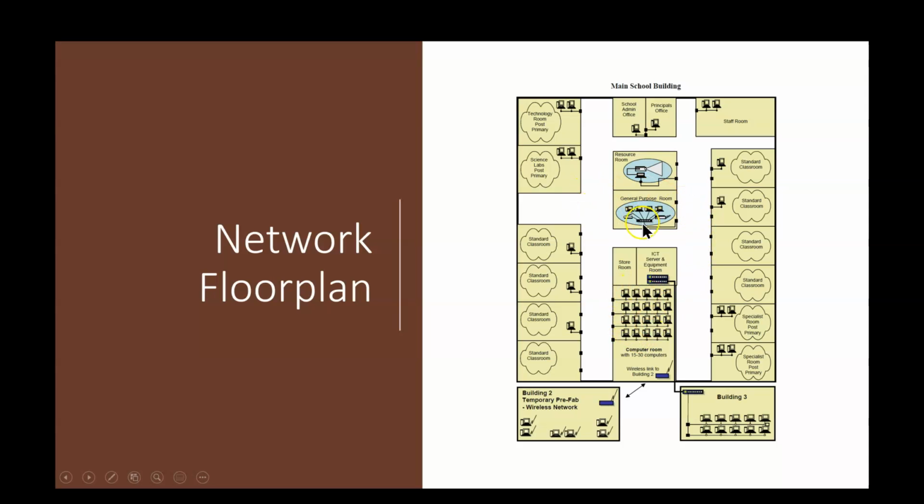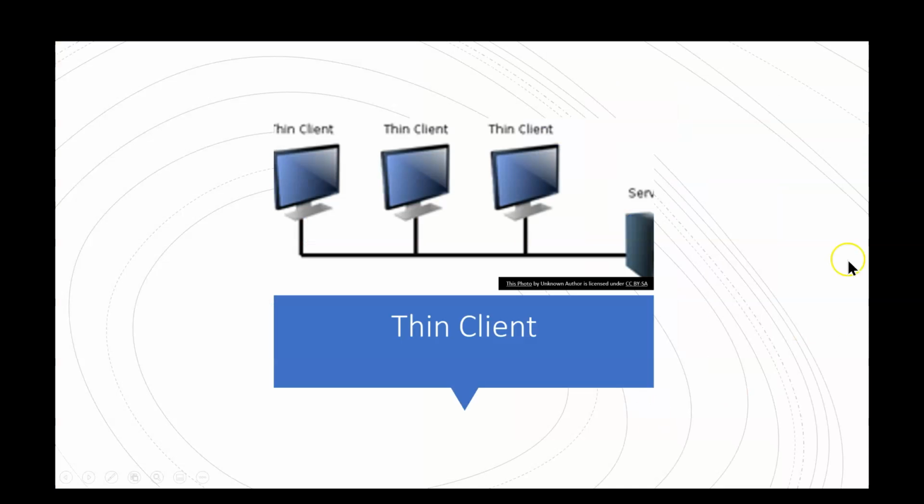If you have a general purpose room like this one, then that's where you would have multiple computers for common use, like a teacher's room or another type of room. And then in the server room, you would be connecting out to other buildings. So this would all go over a high-speed network connection.